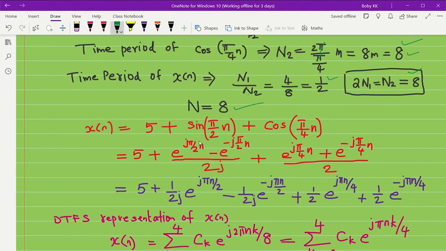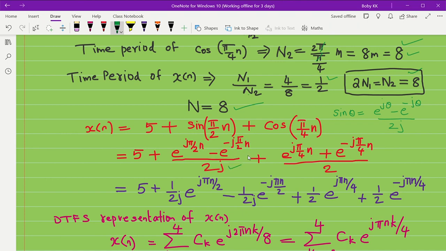By Euler's identity, sine theta is e raised to j theta minus e raised to minus j theta divided by 2j, whereas cos theta is e raised to j theta plus e raised to minus j theta divided by 2. So sine of pi by 2 times n is e raised to j pi by 2 n minus e raised to minus j pi by 2 n divided by 2j.